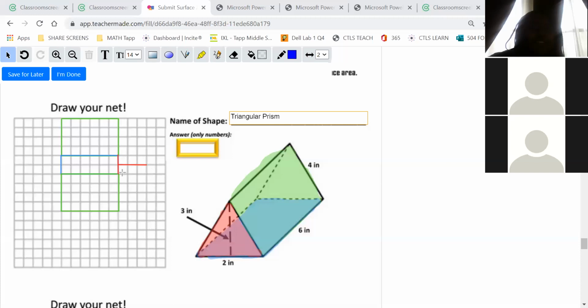And in order to get my triangle drawn, I'm just going to go from one edge to the point of that triangle. Okay, and we're going to do the same thing over here because those triangles are congruent.